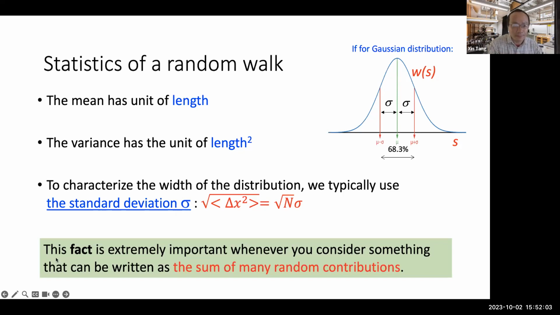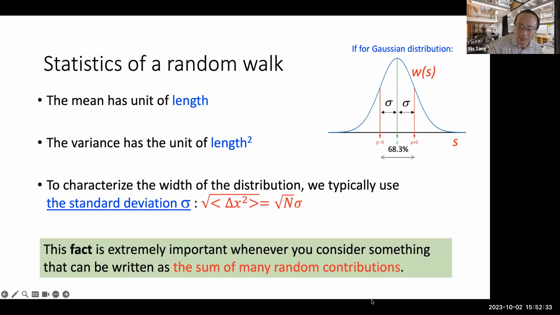So far, the things we derived give a factor that is extremely important when we consider any physical phenomenon that can be generated as the sum of many random contributions. We only look at the final product, but that final product may be generated by many random contributions.